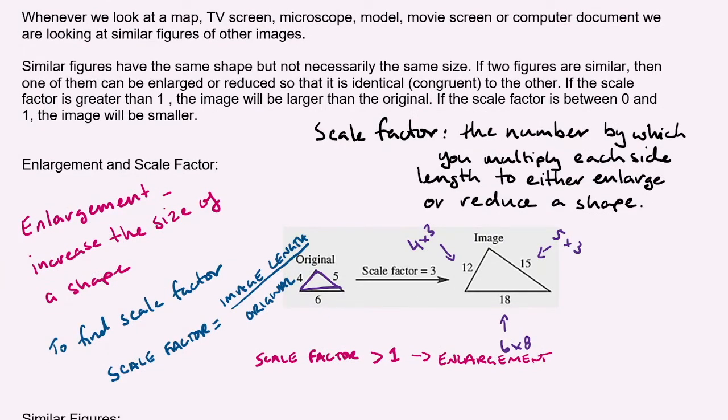And if our scale factor is less than 1, we have a reduction. So that's where we're at with this. We've got our scale factor all worked out. We know enlargement is increasing, reduction is actually making it smaller. We know how to find our scale factor.